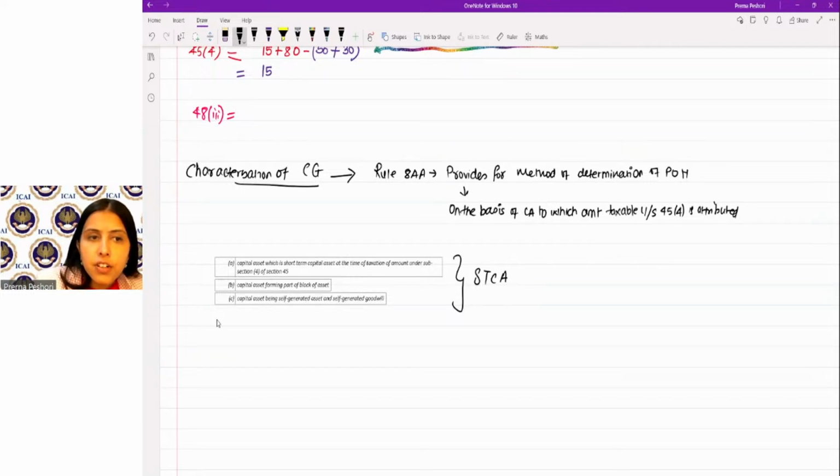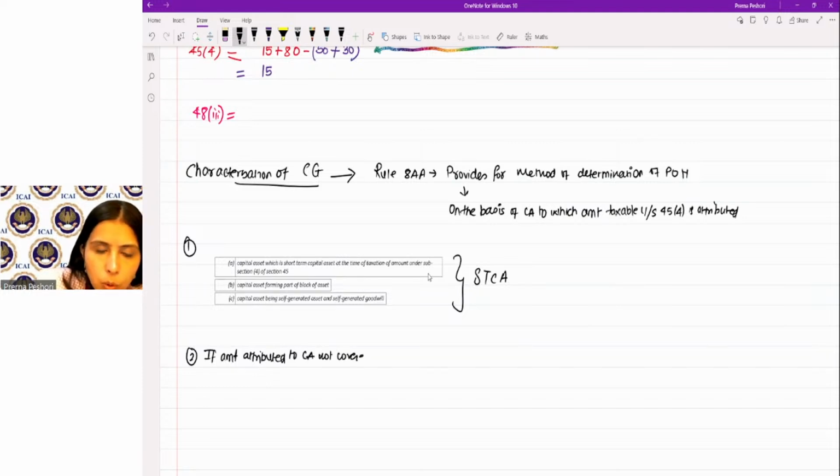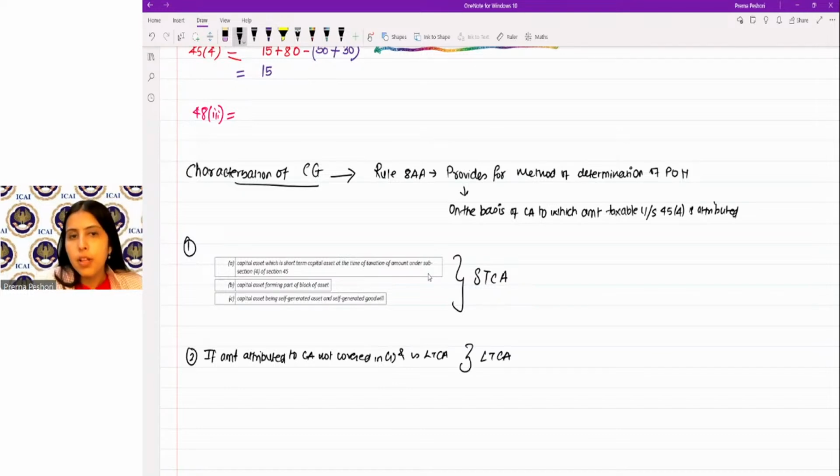And if the amount is attributed to a capital asset which is not covered in this and is a long-term capital asset, then it will be a transfer from a long-term capital asset.